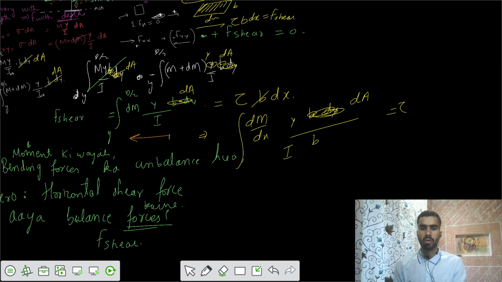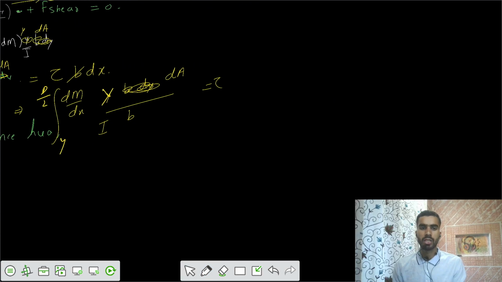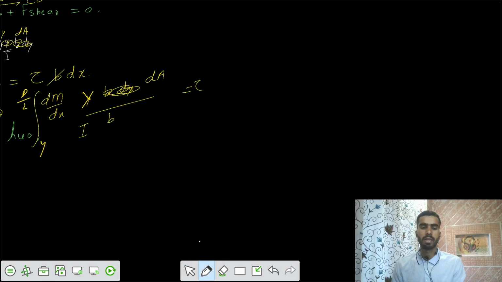Based on this, we got the value of tau: the integral of dM by dx, with limits from y to d by 2, times y dA over I b. We know that the change of bending moment with the variation in x gives you the shear force, so the derivative of the bending moment function gives you the shear force.